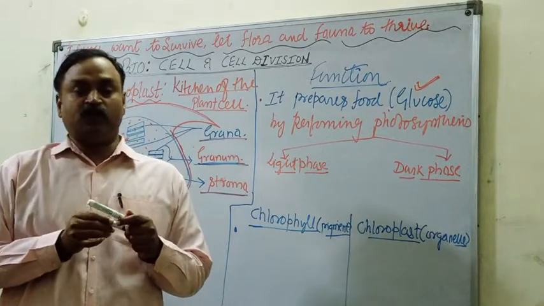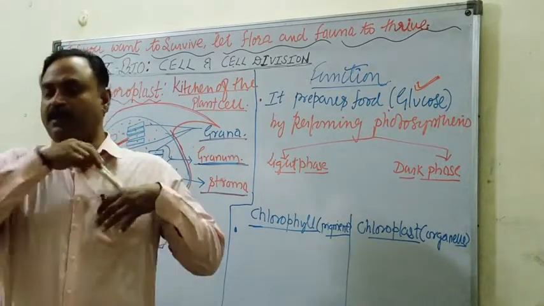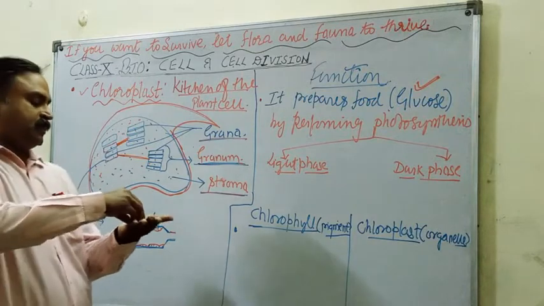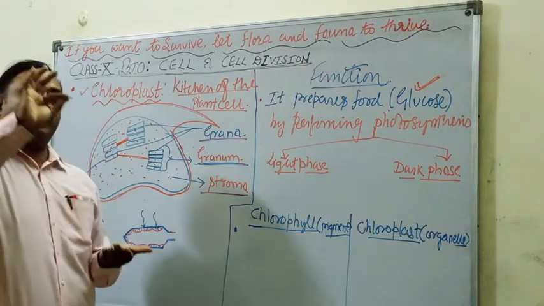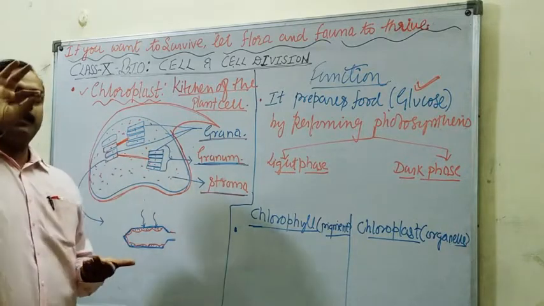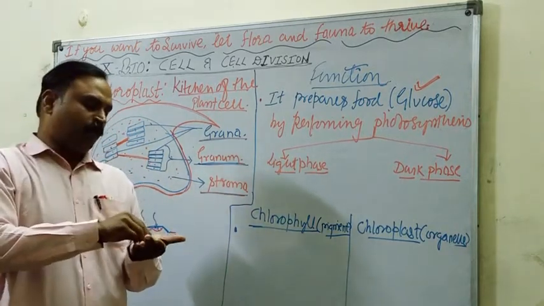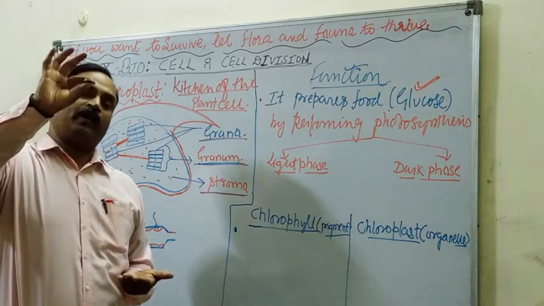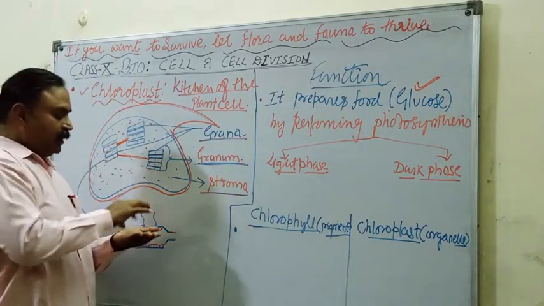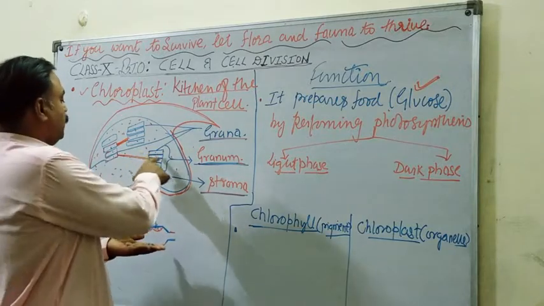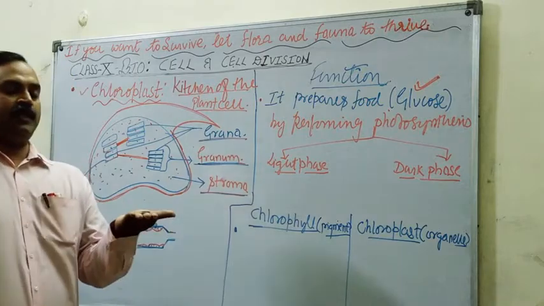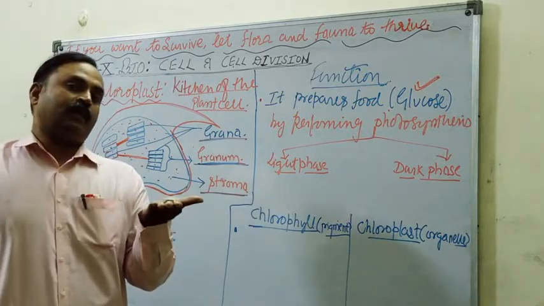But granum is only one group of thylakoids. I can explain this by taking some coins in my hand. One coin is a thylakoid, and one group of coins is a granum, that is this one. And many groups, 1, 2, 3, 4, and so on, are called grana. So this is the difference between granum and grana.